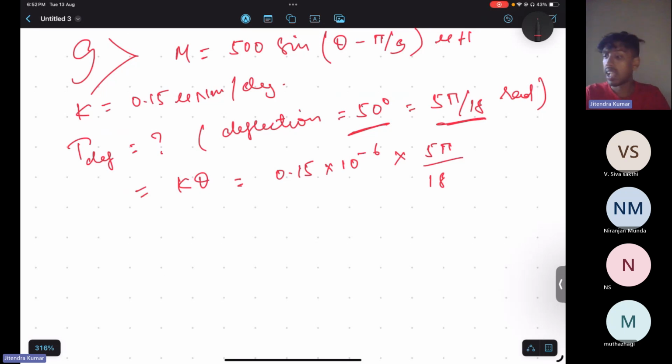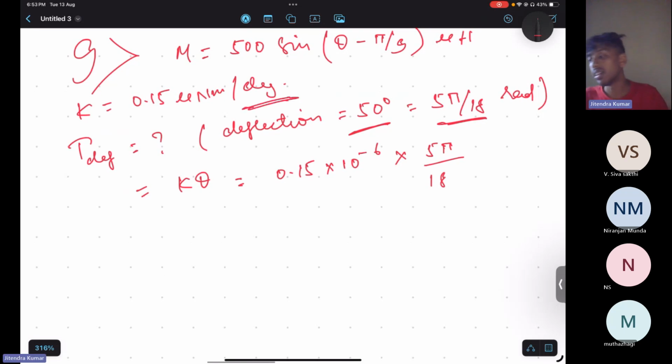So you'll have to be careful here, and look at the unit of K, in what unit K has been provided in this question. K has been provided in terms of degree, so you'll have to consider 50 degree, isn't it?